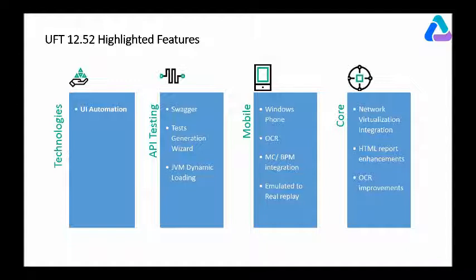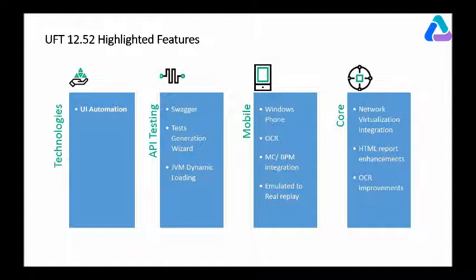For the API testing, we had the enhancements like JVM dynamic loading, Swagger support, and the test generation wizard, which enables automatically generating API tests based on different testing aspects.